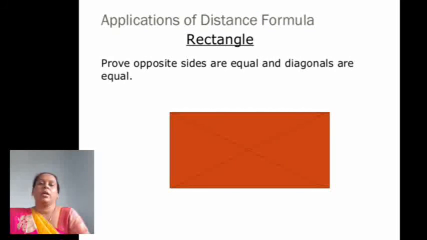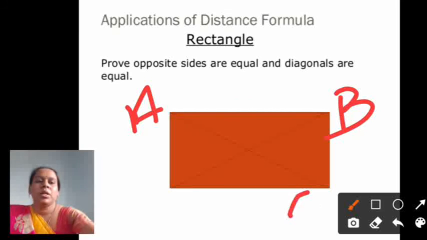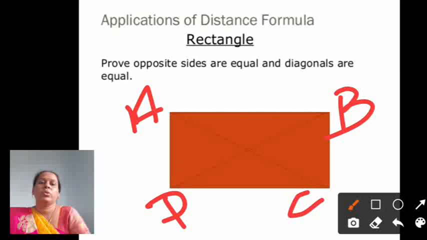To show a rectangle, how to show it is a rectangle? For a rectangle, we have to show that opposite sides are equal and along with that one more condition, the diagonals are also equal in a rectangle. If the given points are A, B, C and D, all these 4 points are given, at that time we have to show that AB is equal to DC, AD is equal to BC and AC is equal to BD.